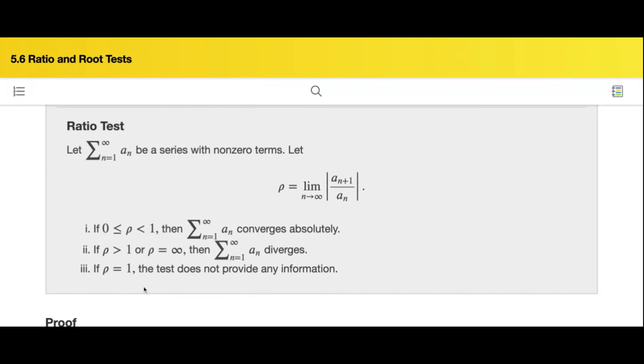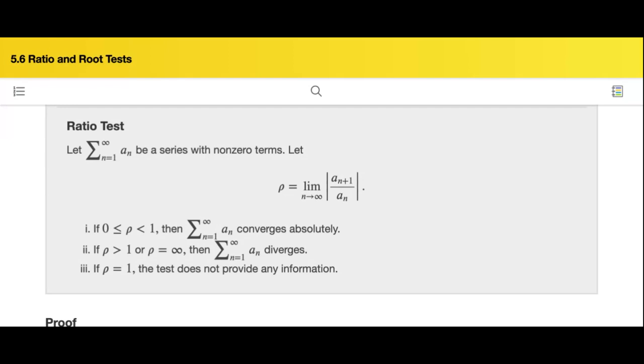The third one is if rho equals 1, if the limit of the ratio equals 1, the test does not provide any information. It's inconclusive, so we cannot draw any conclusion. So basically, if the ratio is greater than 1, it diverges, and that includes the limit not existing.